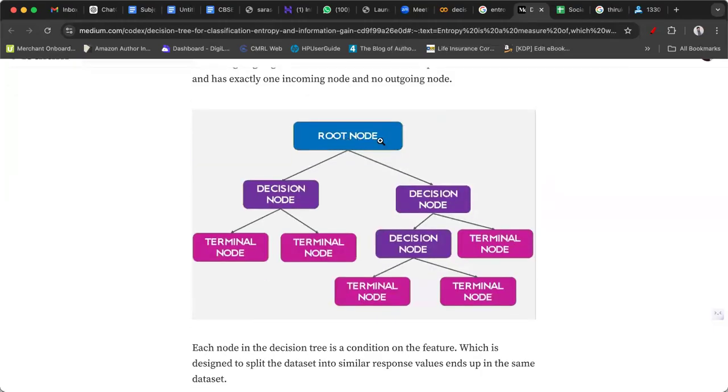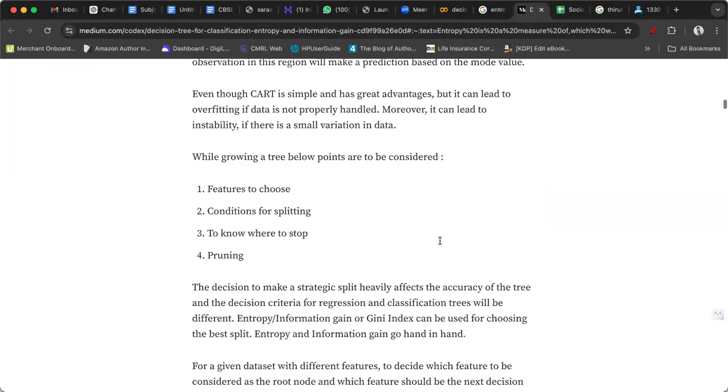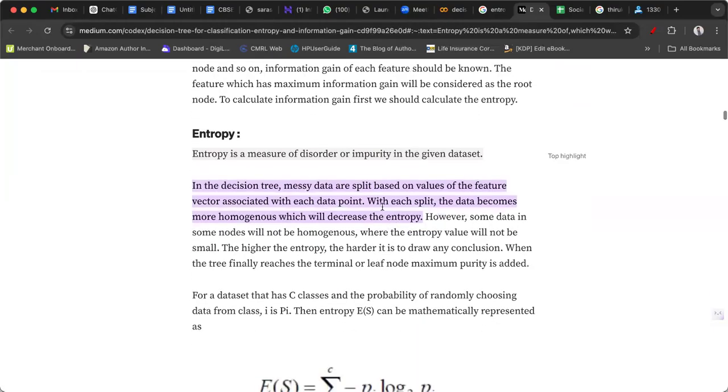So each root, and we have already discussed this, but where the classification comes into place, where the entropy comes into place, right? With each split, the data becomes more homogeneous, which will decrease the entropy.